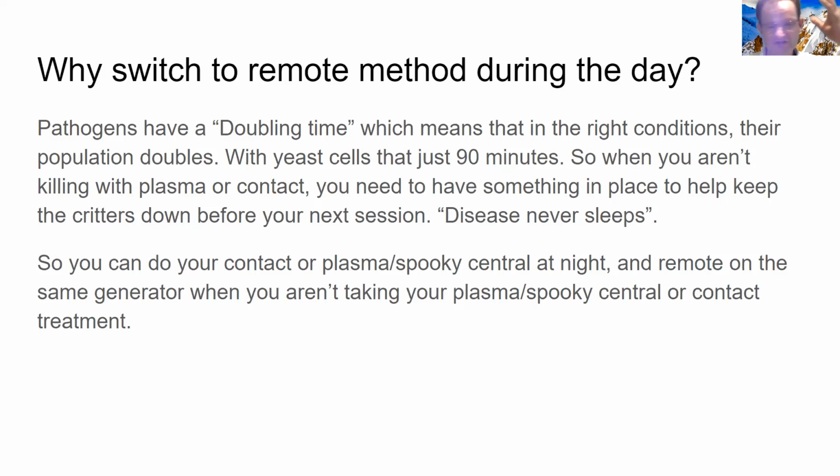If you were to really work hard at killing yeast all day long, and then you stopped, from the moment you stopped, if the conditions are right, 90 minutes later the number of leftover yeast cells will have doubled. So it's good to have something in place to try and keep their numbers down, so the next night you can come in and kill more with more scalar and more contact and more plasma. That's important.